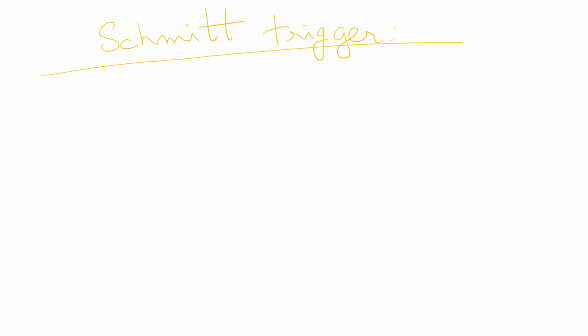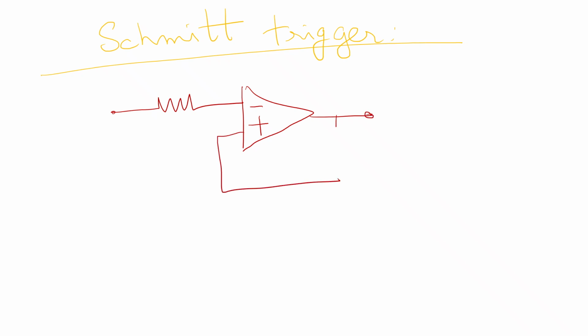It swings between the two saturation levels, plus Vsat to minus Vsat or minus Vsat to plus Vsat. I'll draw the simple diagram of the Schmitt trigger.